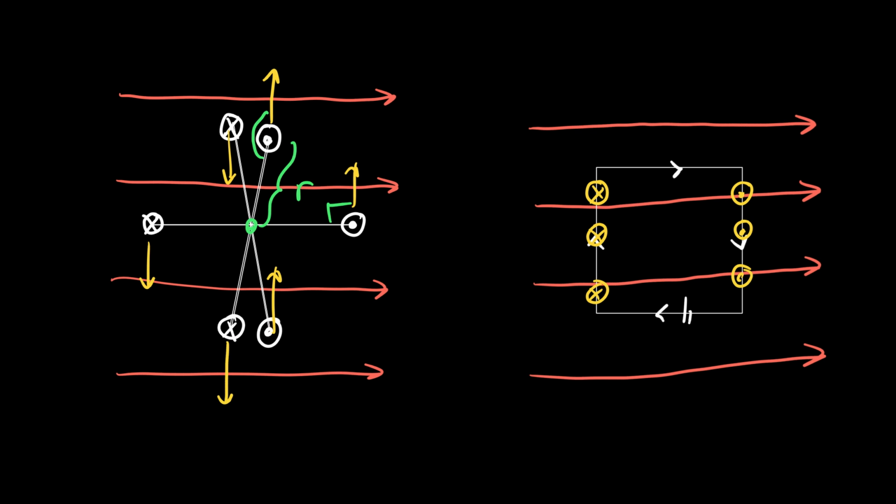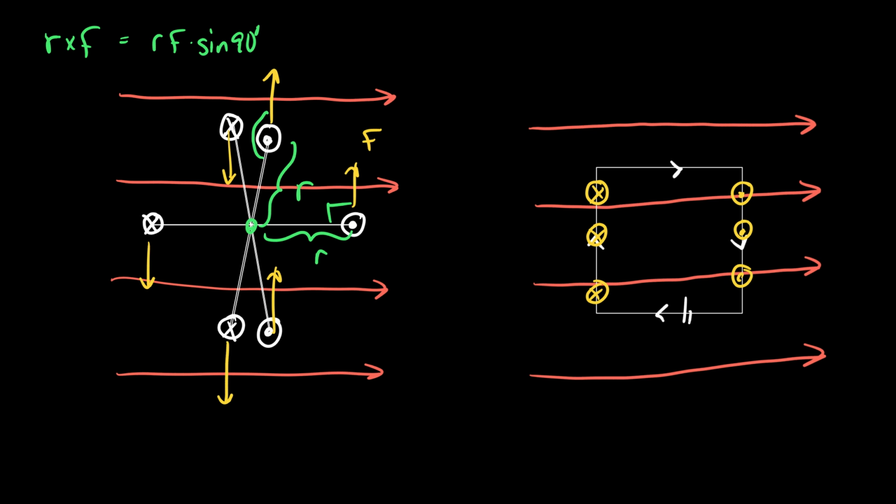Do you see that this is the force, and this is the length of the torque arm? And that's 90 degrees when the loop is oriented like that. So for R cross F, that'd be R times F times the sine of 90. So it would be maximum torque right now.